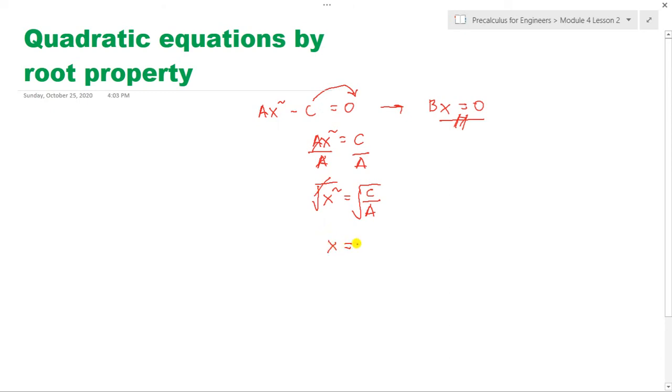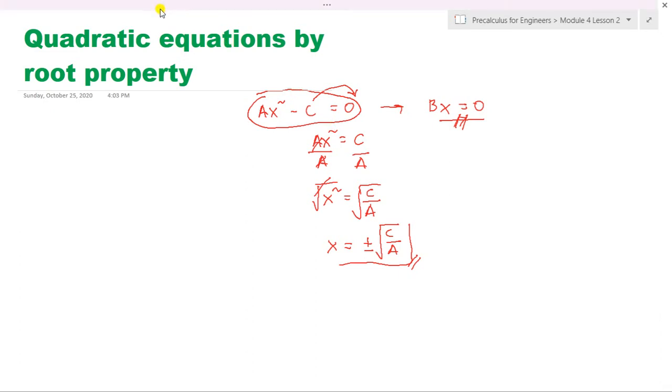So x is now equal to positive or negative square root of c over a. Therefore we are using the square root method. That's why it is termed the root property. This method can be applied if our given quadratic equation is of the form x squared minus c equals 0, wherein our middle term is unknown or 0.